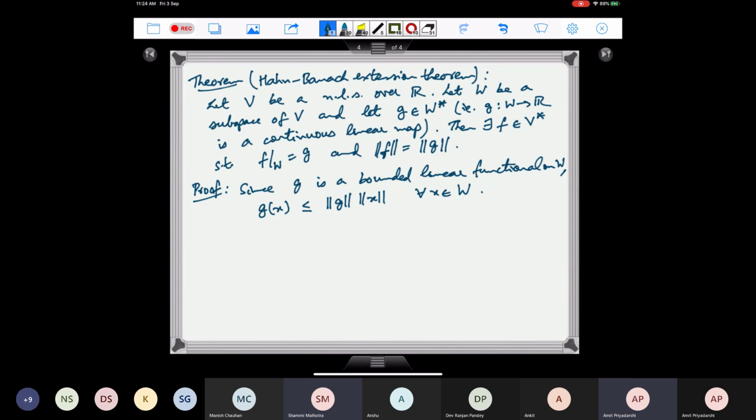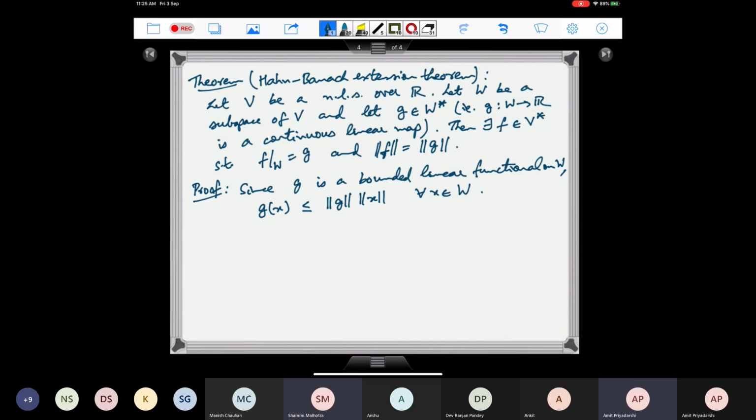So the norm of g x. No, g x is what? g x is a real number, right? So we are taking the modulus, so mod of g x is less than or equal to this.